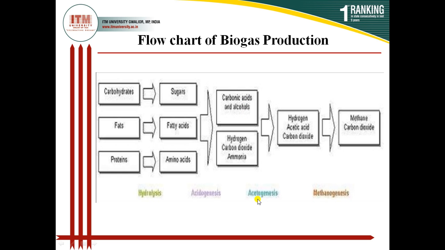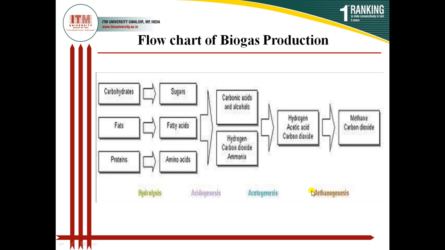Then acetogenic bacteria work on it and convert it into acetate, or acetic acid. After hydrolysis, the whole process is in the absence of oxygen. It is an anaerobic process.